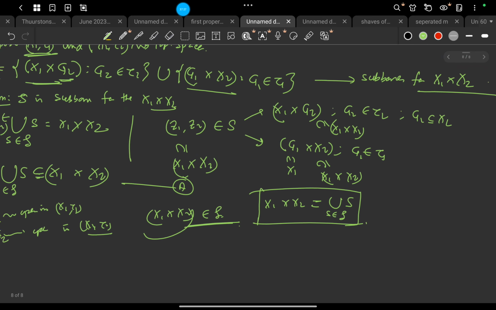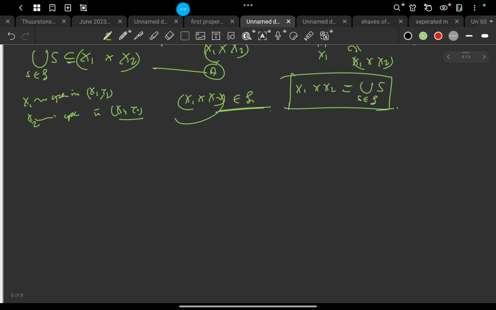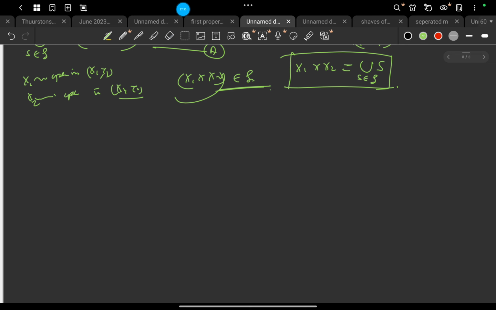Now from this subbasis we can construct a basis. How to construct a basis?